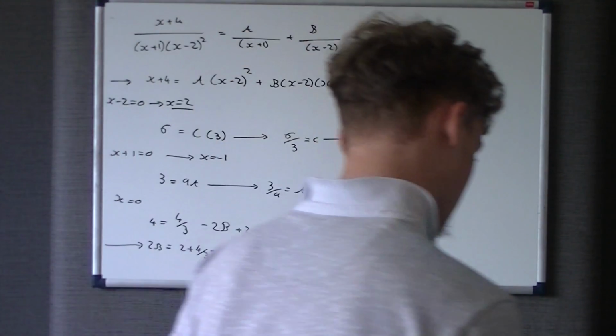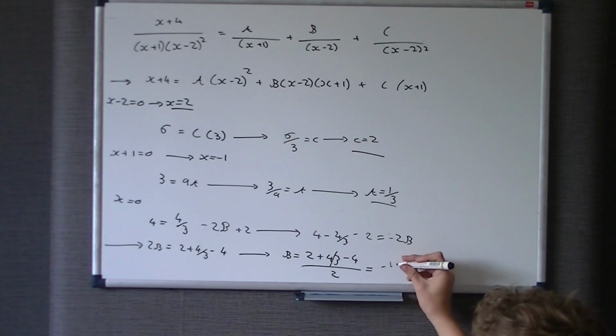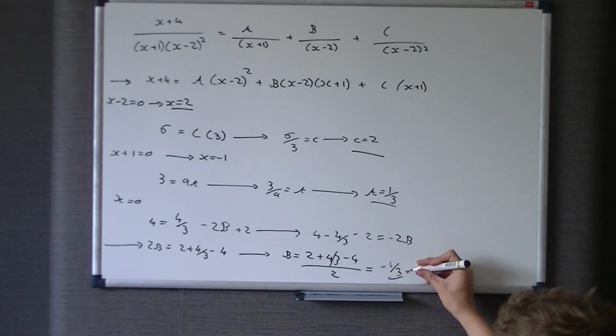Sorry, one second, let me just clarify this. The working before is right, I'm just making sure my value of b is correct. B should be negative a third. Yeah, so that comes to negative a third, if you put that in your calculator. Okay, so we've got our value of b at the bottom here.